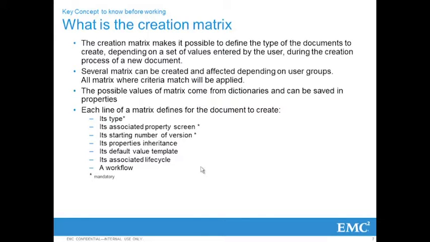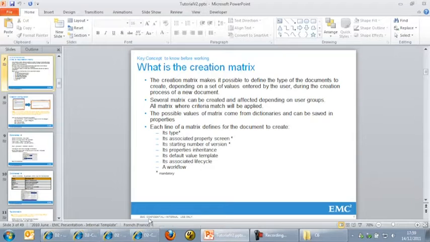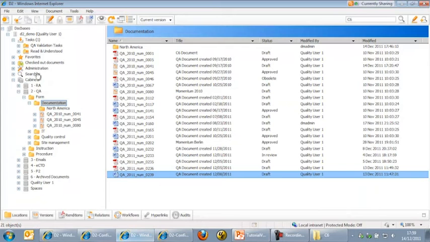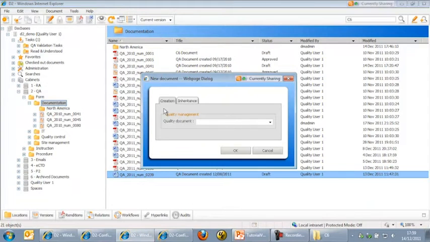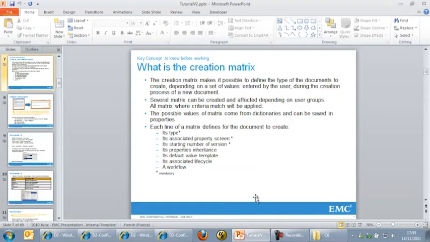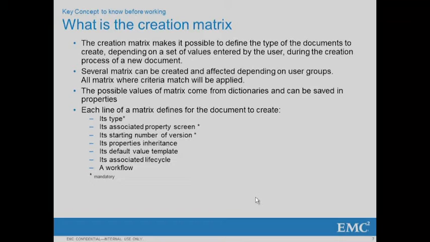D2 needs a small configuration in order to be able to create documents. So the goal here is to create a creation matrix. A creation matrix on the client side is actually the thing that you have seen from here. Here is a creation matrix, and it will allow you to create a document depending on the value selected by the user.